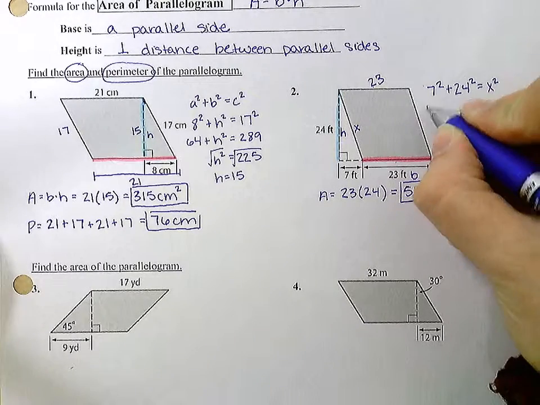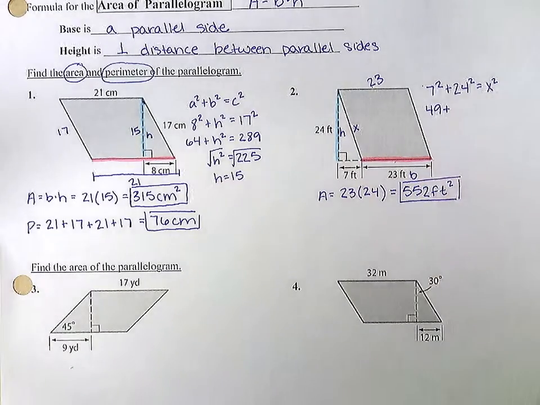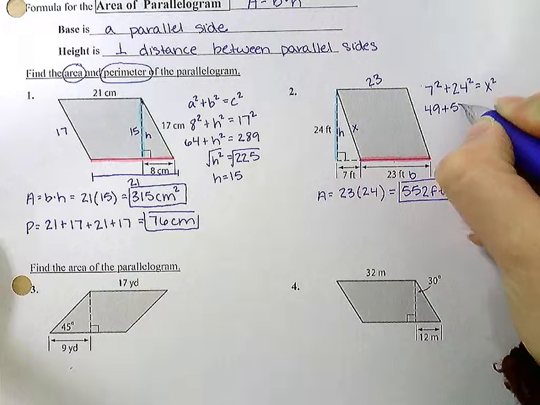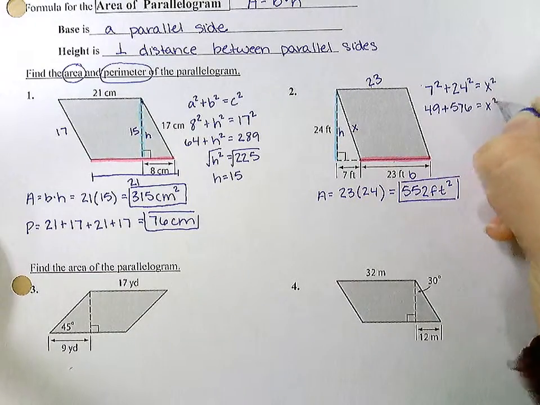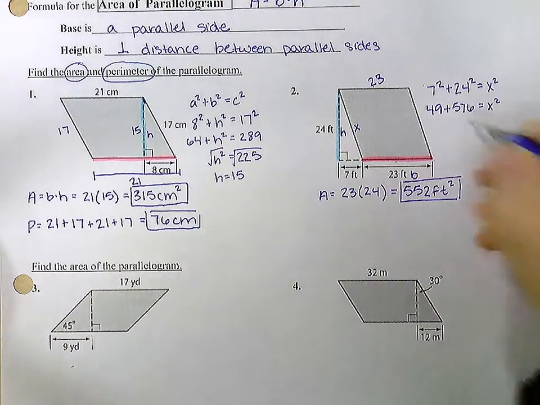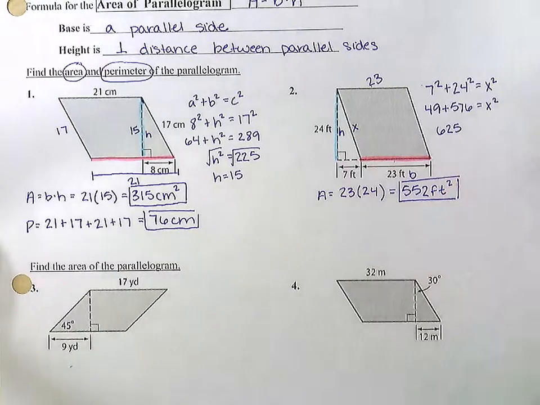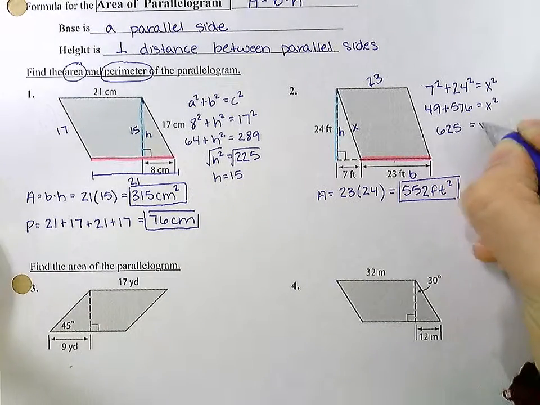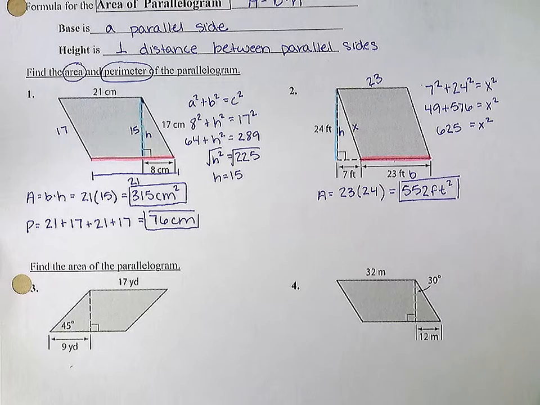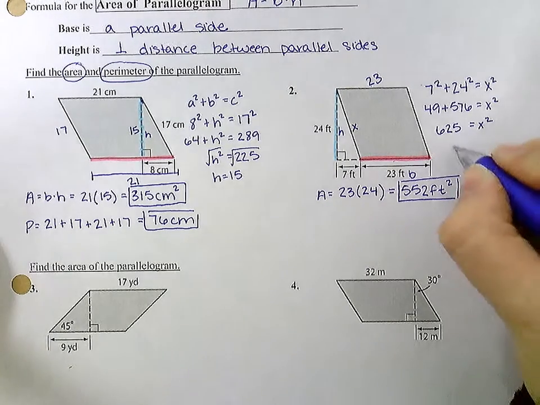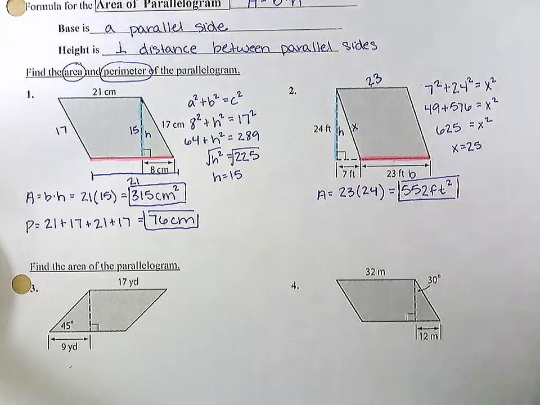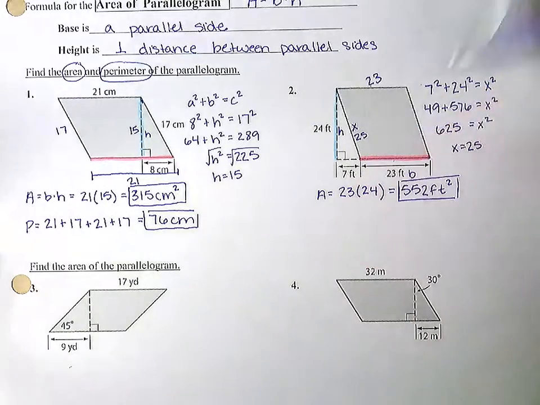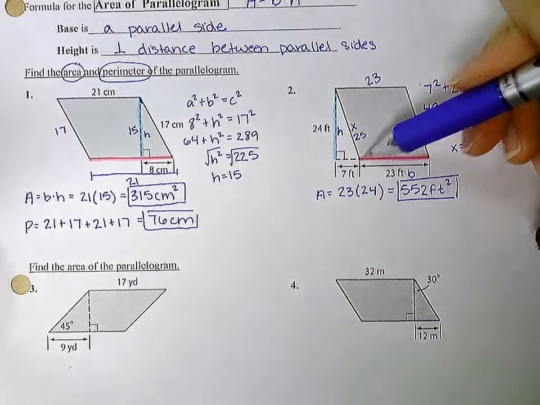Solving for x now, I have 49 plus 576 equals x squared. That's 625 equals x squared. Take the square root of both sides. 25. So this length of that side in this parallelogram is 25.